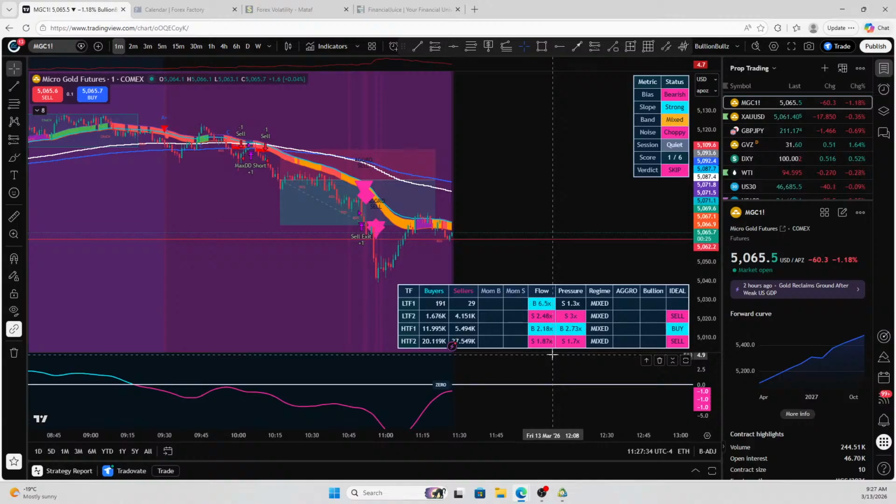It seems like the trend has pushed to the upside, which cannot be confirmed yet, because sellers are starting to step back in. However, for now, we don't see any clear direction in the market.